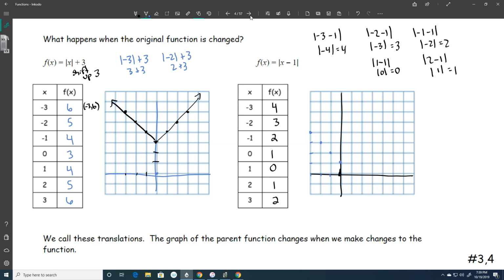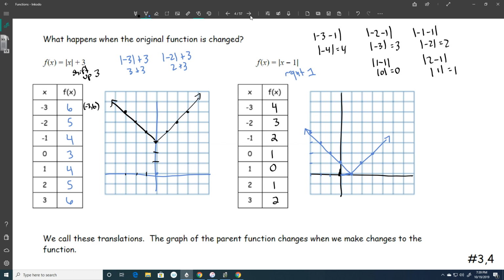And then 1, 0. And then 2, 1. So over 2, up 1. Over 3, up 2. So this time, instead of my graph shifting up and down, that minus 1 on the inside shifted my graph to the right 1 space. So this shifted me right 1 space, okay? Those are called translations, and we're going to get a little bit more in depth there.